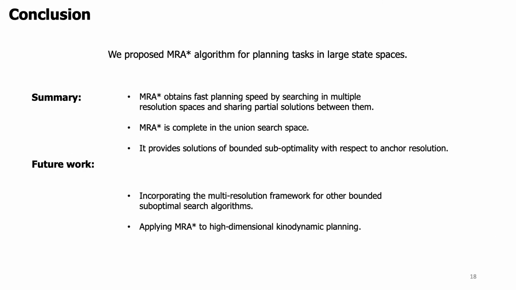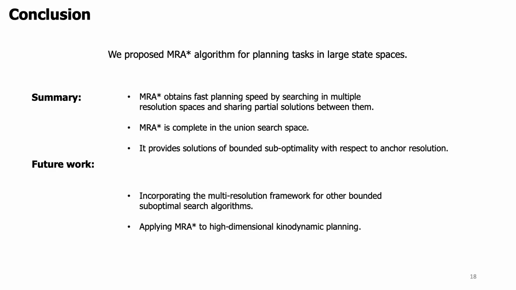To conclude, we proposed MRI star algorithm for planning tasks in large state space. MRI star obtains fast planning speed by searching multiple resolution spaces and sharing partial solutions between them. And we have presented that MRI star is complete in the union search space and could also provide solutions with bounded quality.